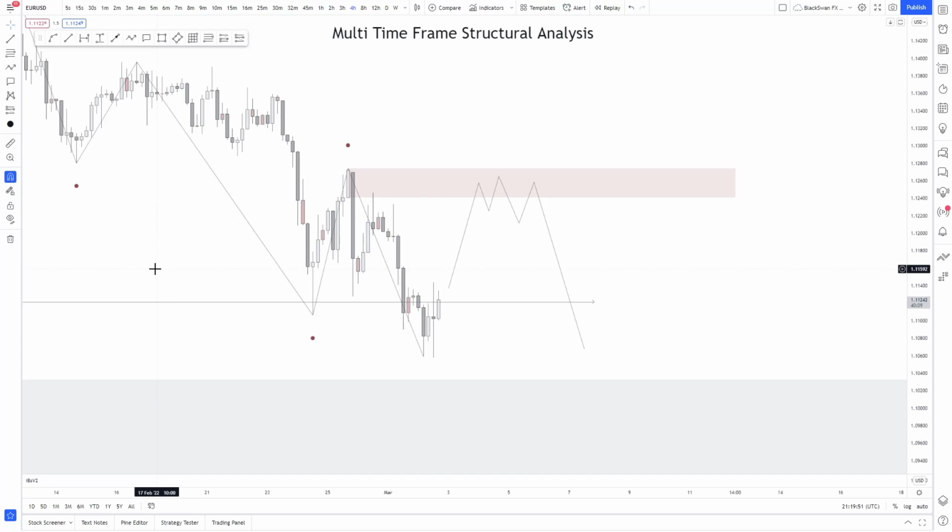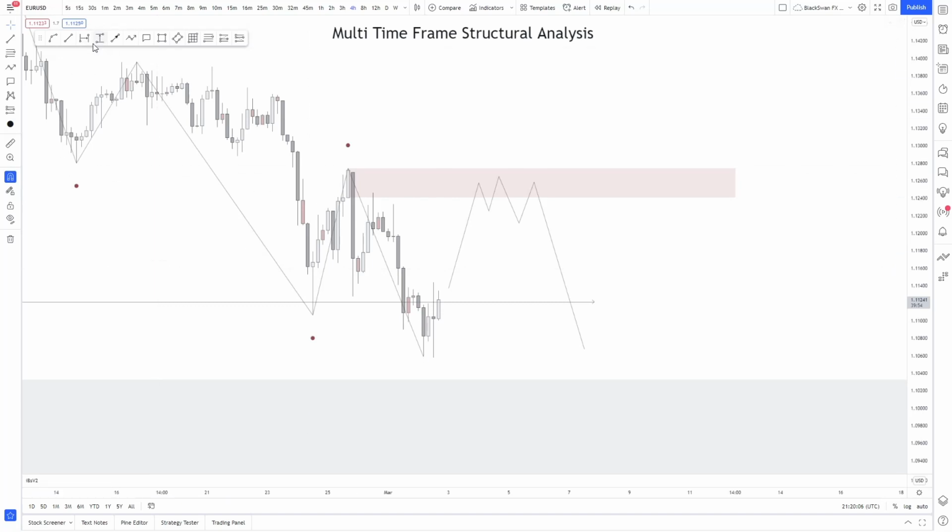Well, if we go back to our diagram from part 1 in this series, where we had the 4H retracement back to the low, we had a 15M bearish cycle.